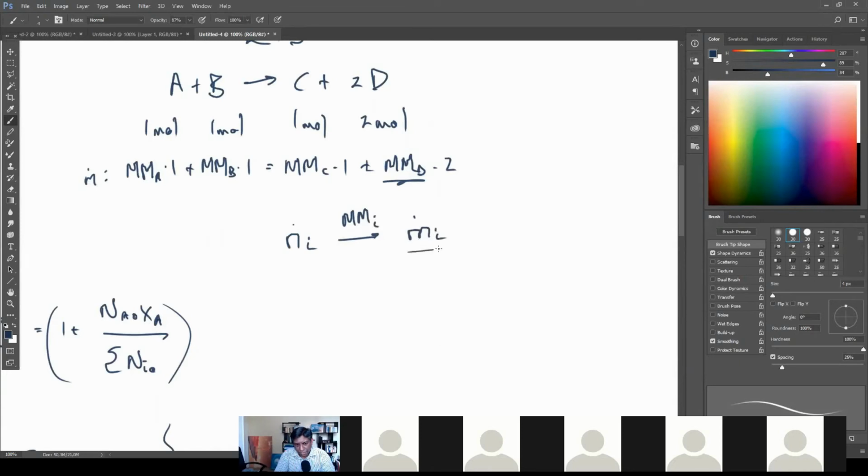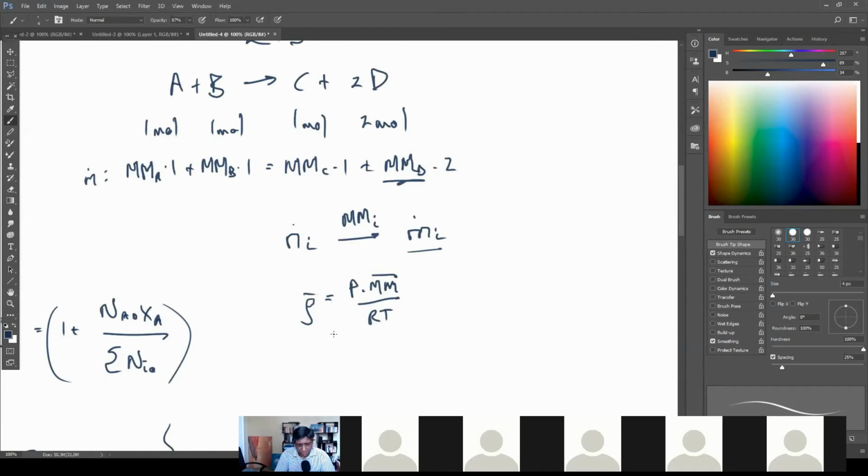If we have that, and if we also estimate the density, remember the density for a gas is PV. So it's P times the average molar mass divided by RT. So for a gas, that's how you can get the average density.